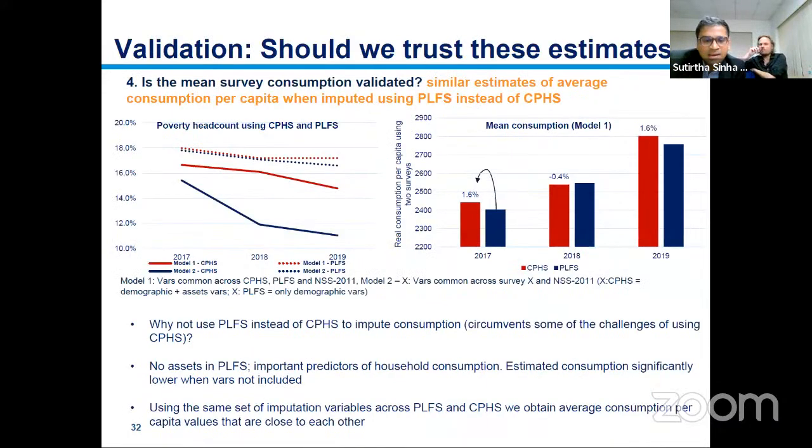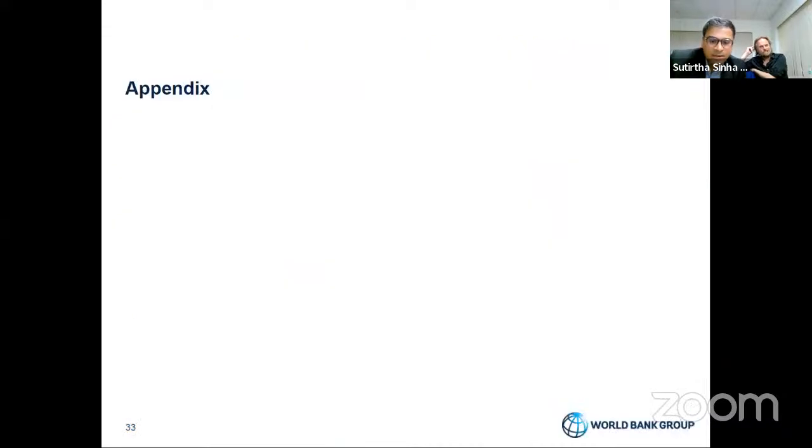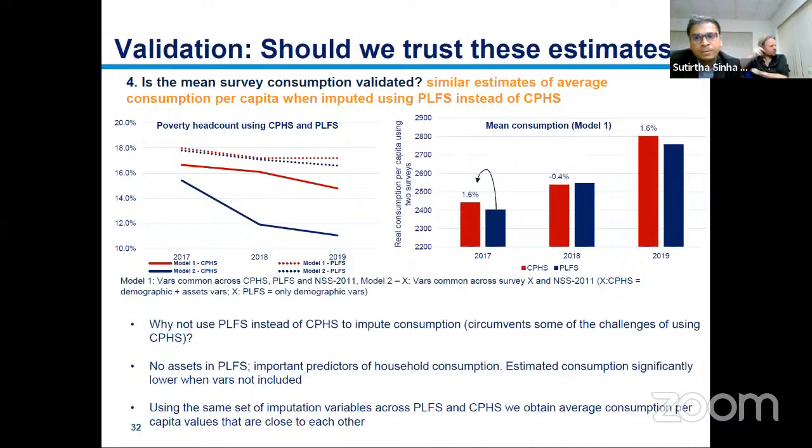And just the final slide here, I think this is the final slide, yeah, so we can also think about not using CPHS for the approach one that we have outlined, but instead using PLFS. I'm not going to get into model one, model two. Let's just focus on model one numbers on the left-hand side.